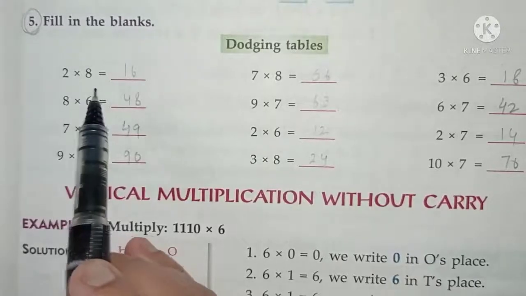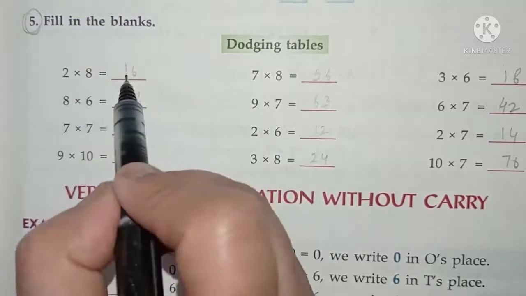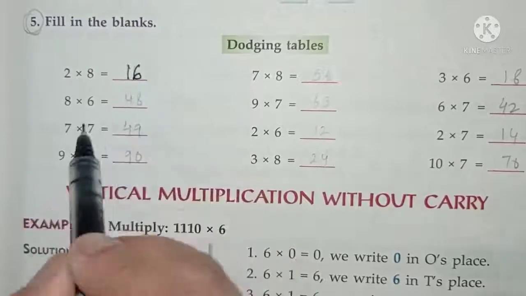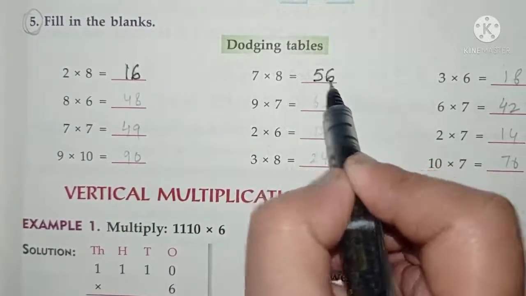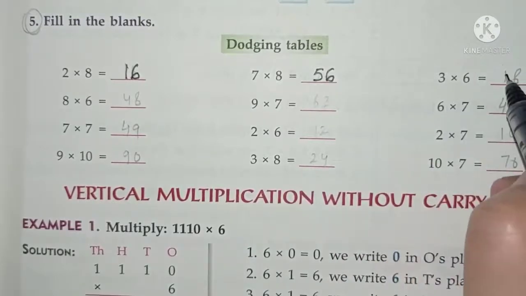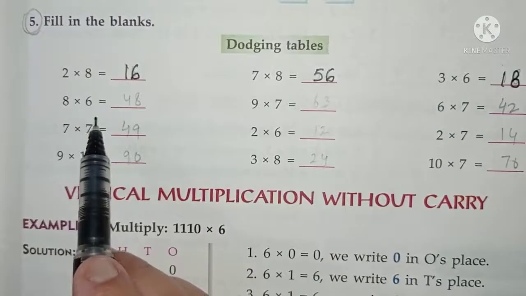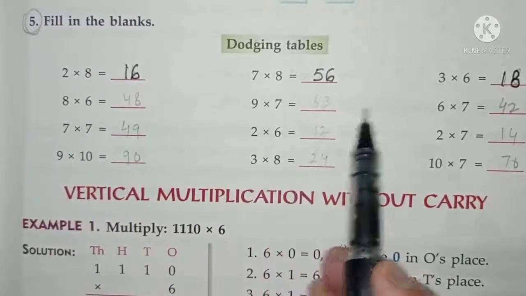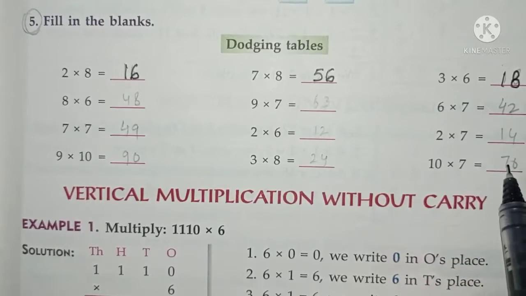Now let us check out the answers for the dodging tables. As you all know, 2 8s is 16. 7 8s is 56. 3 6s is 18. Similarly, 8 6s, 9 7s, 6 7s, you have to write down the answers for these.